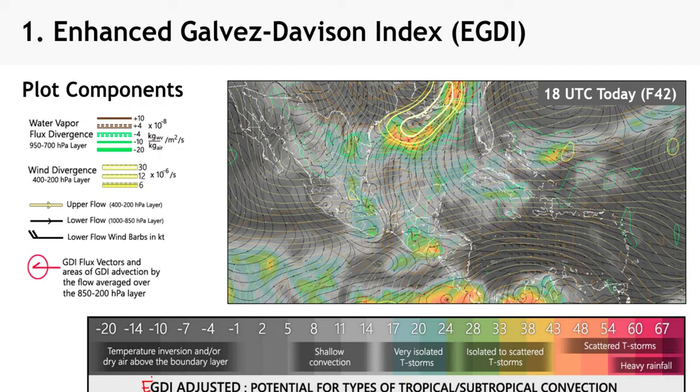It's a dimensionless index, and you can see on the scale whenever you start seeing light blues, it means that the environment is favorable for maybe one or two very isolated thunderstorms. And then once you start getting into the greens and especially yellows, then your potential for thunderstorms is higher, right? And once you get into the oranges and reds, you start running into a potential for locally heavy rainfall.